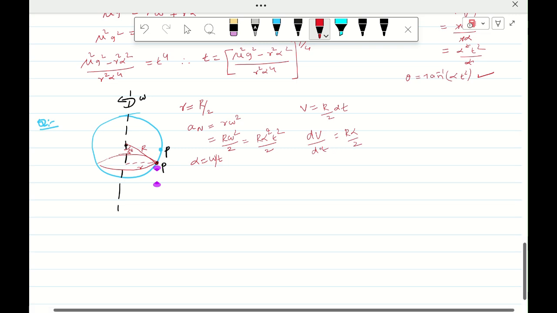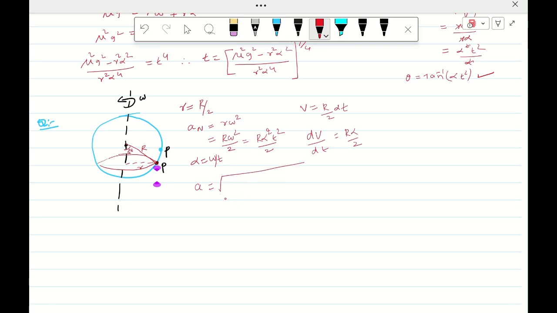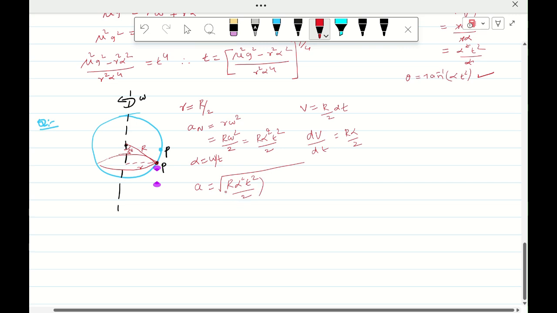Now if net acceleration is asked, then a is equal to root over a_n square plus a_t square. So a_n square means r alpha square t square by 2, whole square, plus a_t is equal to r alpha by 2, whole square.